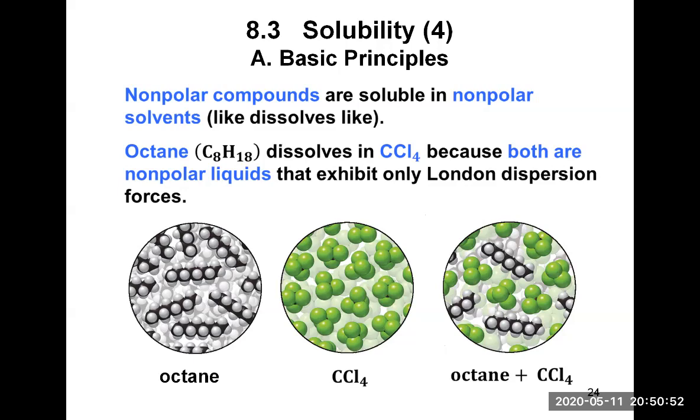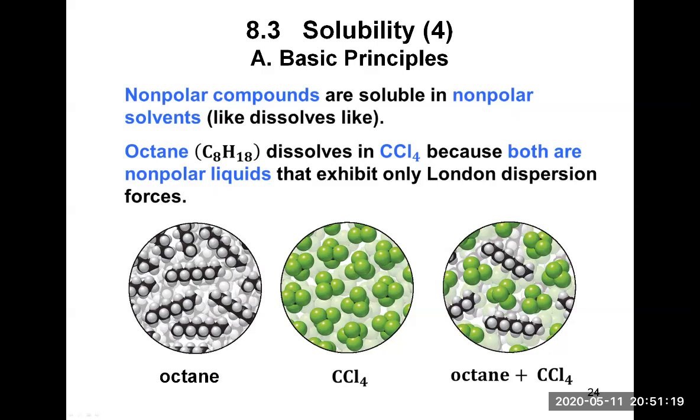The illustration here is showing you octane, which is made of 8 carbons and 18 hydrogens, so a long chain of carbons surrounded by hydrogens. And we know now that this is non-polar because the CC bonds and the CH bonds are non-polar. So this molecule is non-polar.